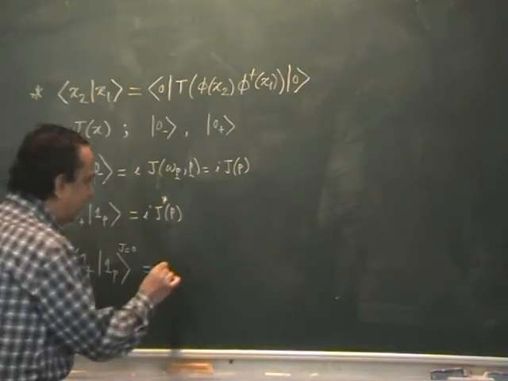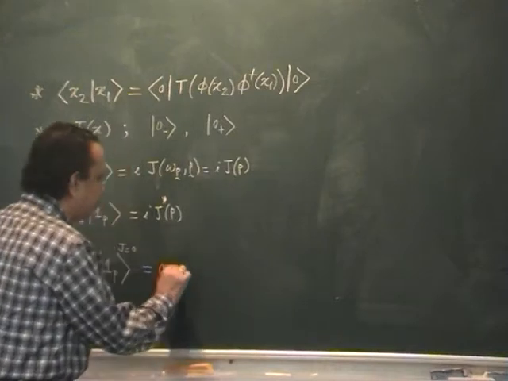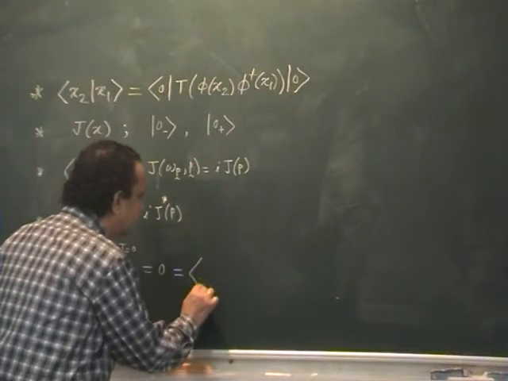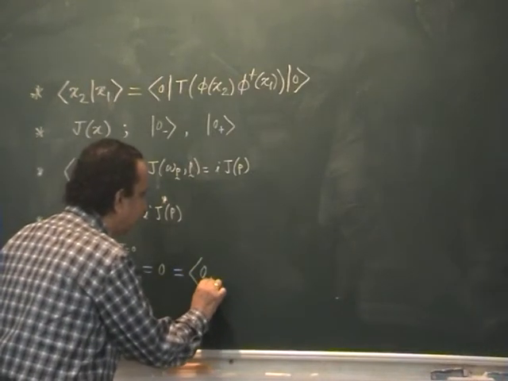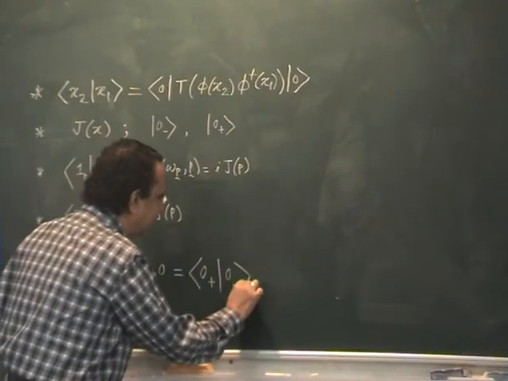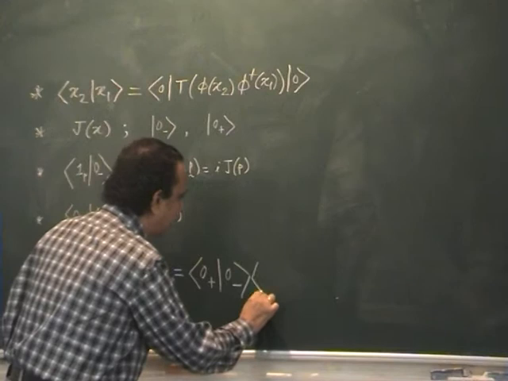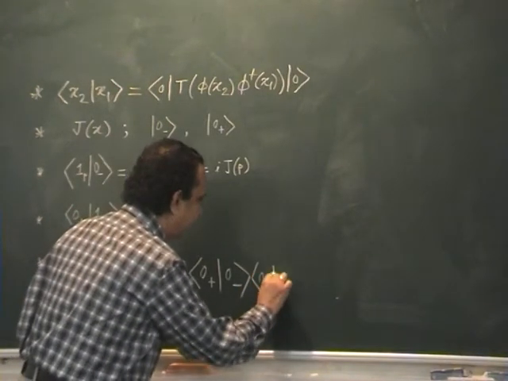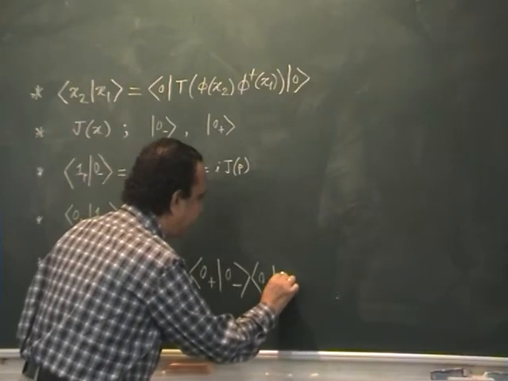Now we will expand it in terms of the states in the presence of J. So that will be <0|0_+> <0_-|... these are the spectrum of states which are present with the J on p.